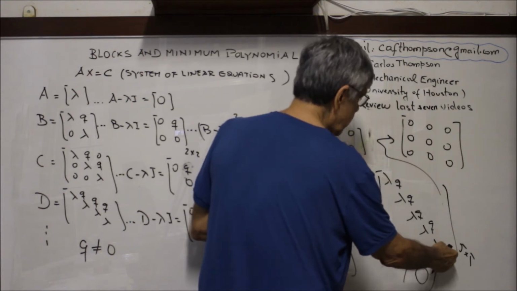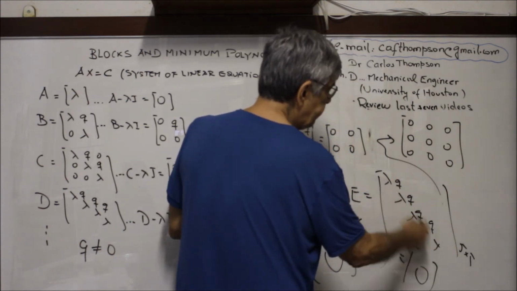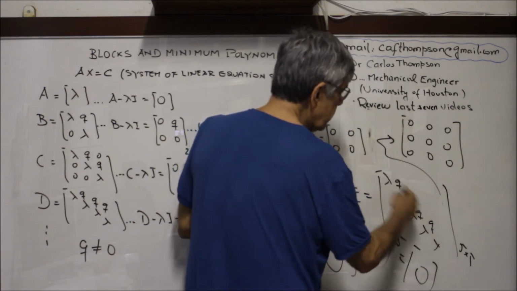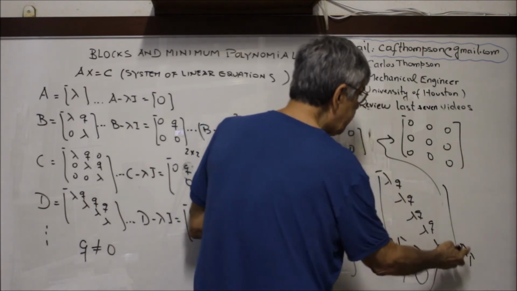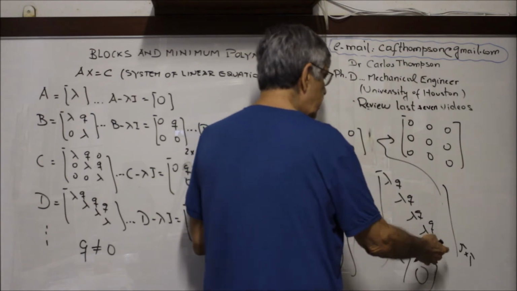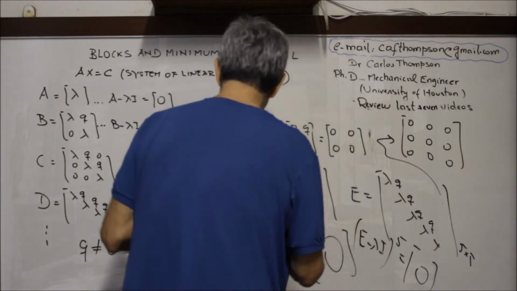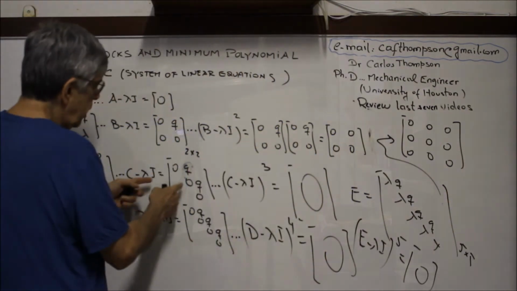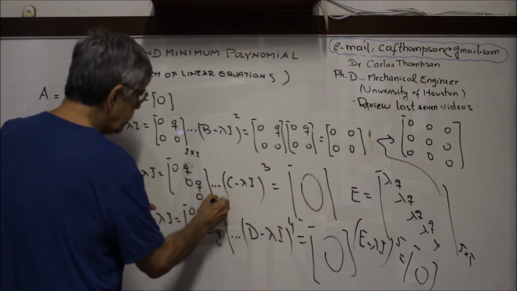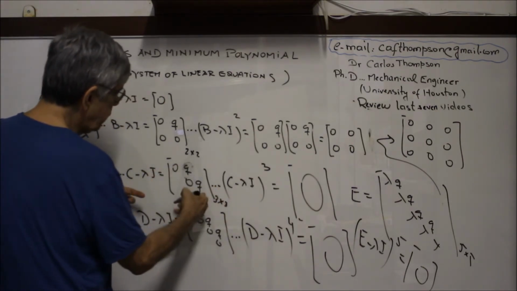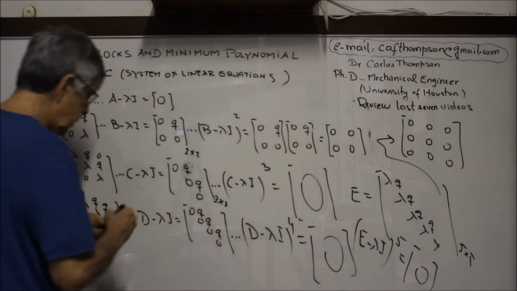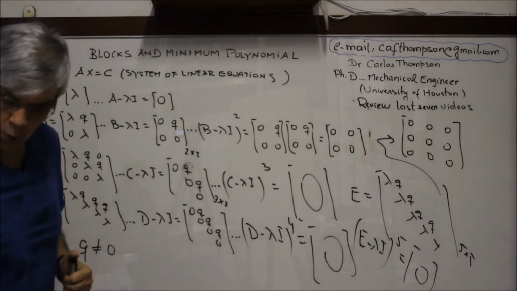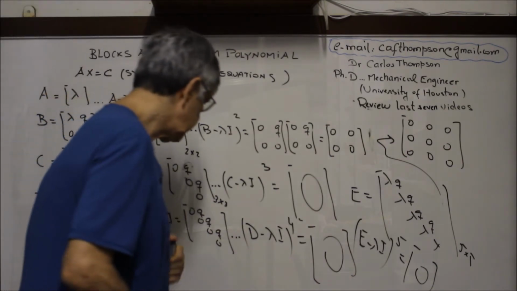The number of Q's is always the dimension, 5 by 5, minus 1. Look, this here is a 3 by 3. I have 2 Q's. Here is 2 by 2. I have 1 Q. This is a very, very important result.